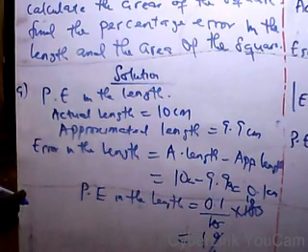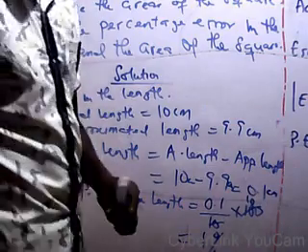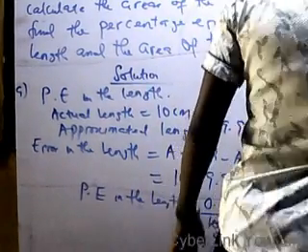Then the second one, which is B, says we should find the percentage error in the calculated area of the square.